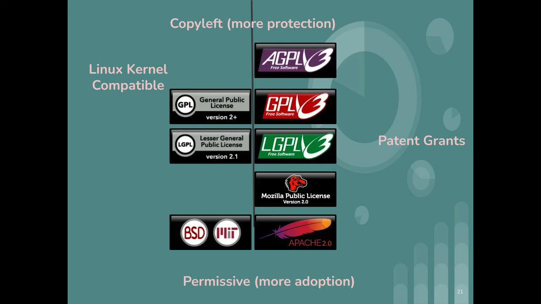So most dual licensing models tend towards GPL or AGPL. They use GPL for distributed products and AGPL for online services.